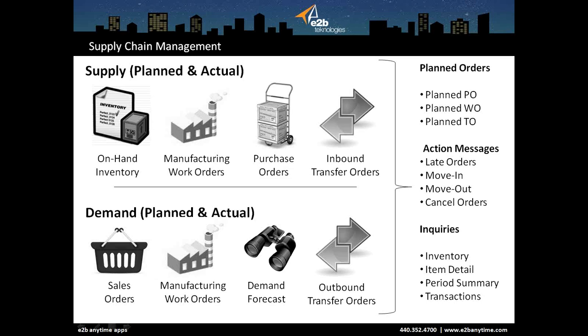So let's first talk about supply chain management and as it relates to DRP and MRP, so we have a common understanding of what we're looking at. DRP, distribution requirements planning, is for really a distributor that has more of a complex supply chain. They're sourcing products from different vendors.